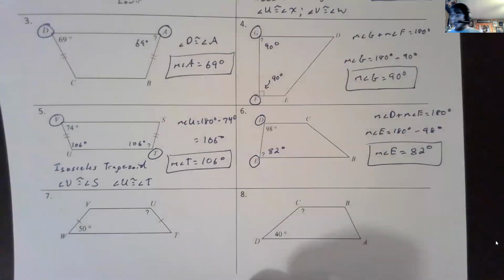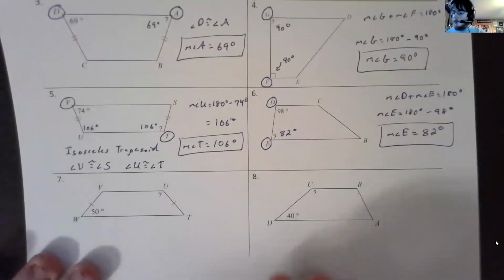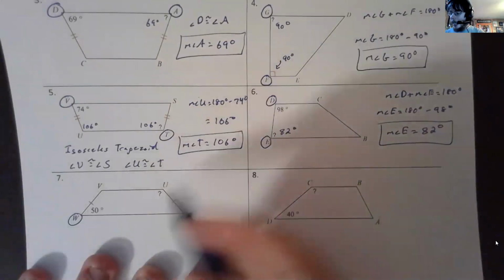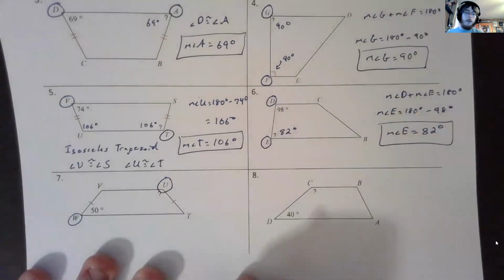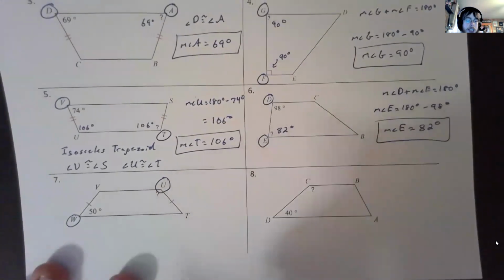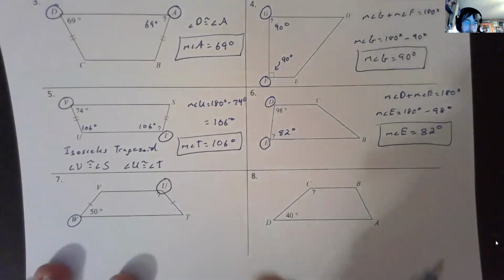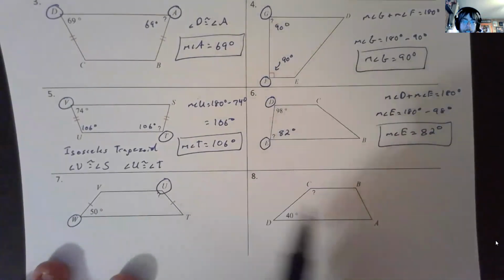Number 7 is very similar to number 5. We have angle W and we want to find angle U. Since this is an isosceles trapezoid, we can tell it's isosceles because of the two congruent sides.